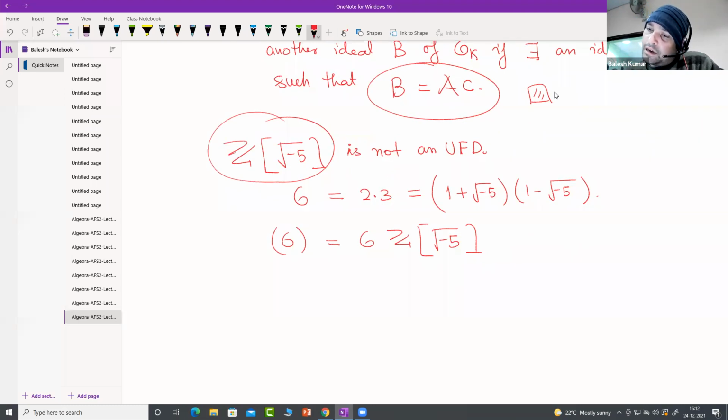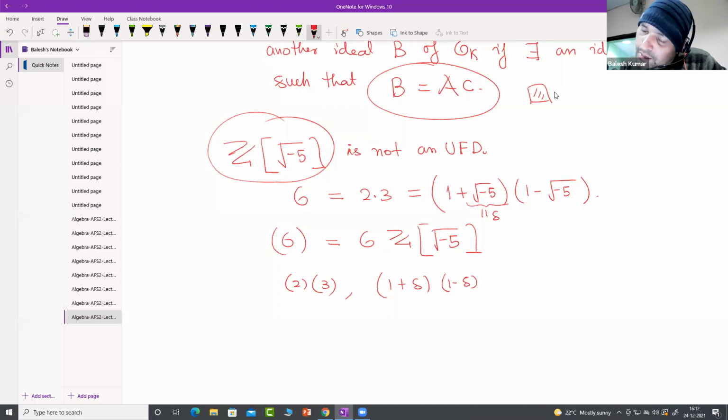And that product takes care of a common representative. If you think of the ideal generated by 2 and the ideal generated by 3, and in another product you have the ideal generated by 1 plus square root of -5, which I will write as delta, so 1 plus delta and 1 minus delta.